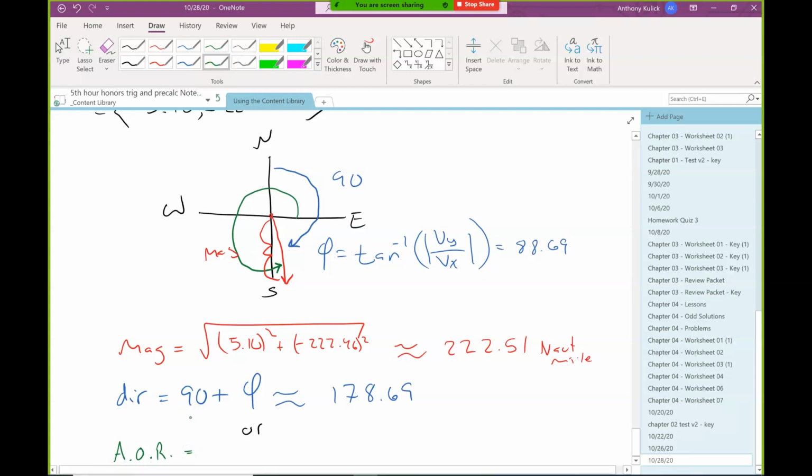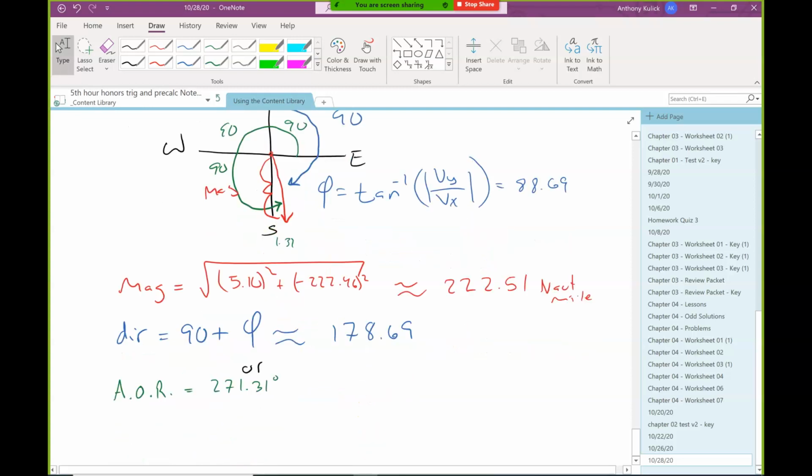But I think it wanted a direction rather than an angle of rotation. If I do recall, those were the quantities that they were asking for.